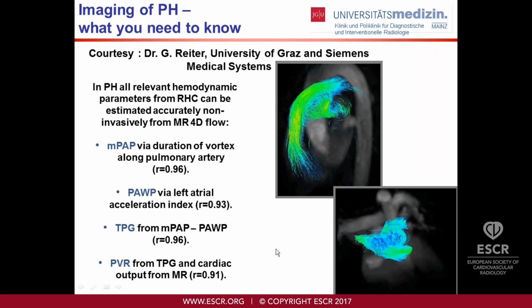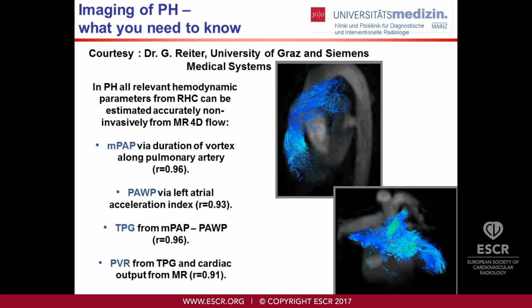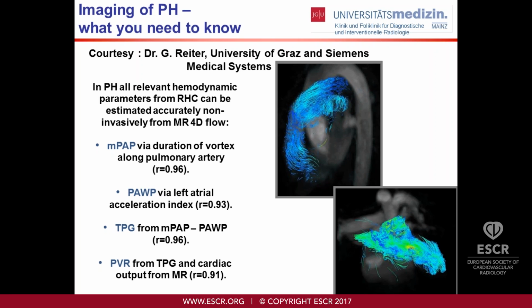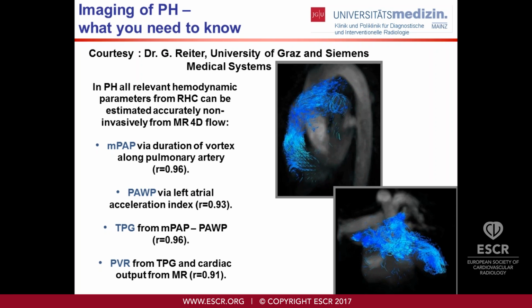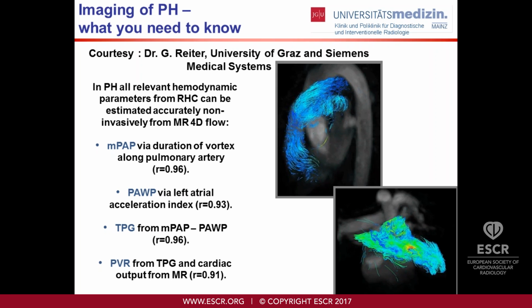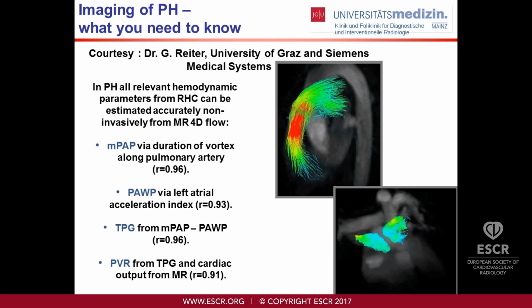What is currently under investigation? Well, based on 2D and 4D flow, there are many working groups focusing on pulse wave velocities and pulmonary arterial stiffness, because with these data we get some insights into the pathophysiology of pulmonary hypertension. We can assess wall shear stress.